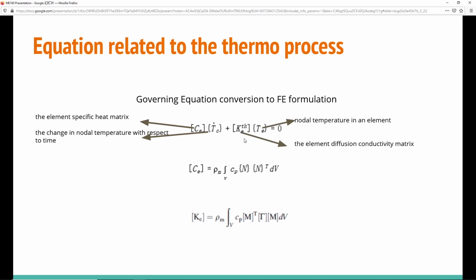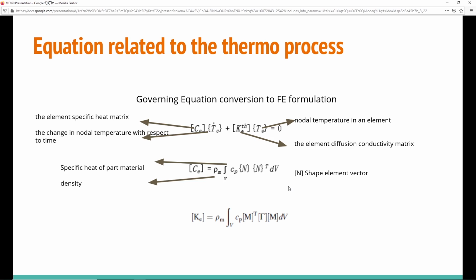We also determine KTH, which is the element diffusion conductivity matrix, and TE is the nodal temperature in the element. The following two equations give the detailed formulation to get both KE and CE. Here we have the density as rho, and we also have Cp as the specific heat of the part material.